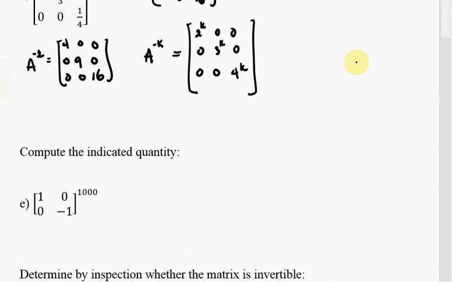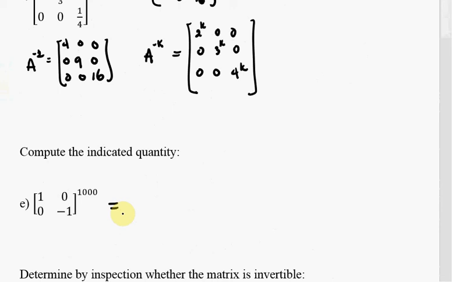Compute the indicated quantity. So what is this equal to? 1, 0, 0, 1. And what's your rationale for that?